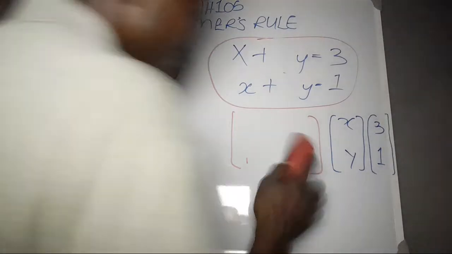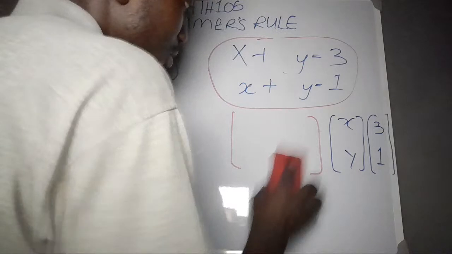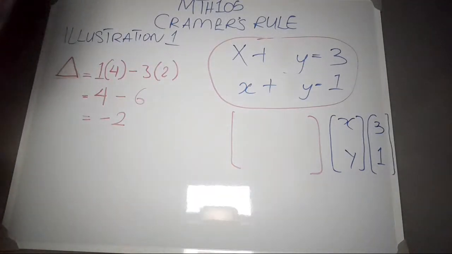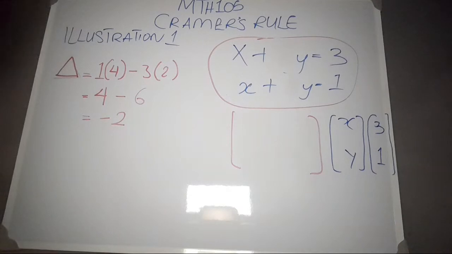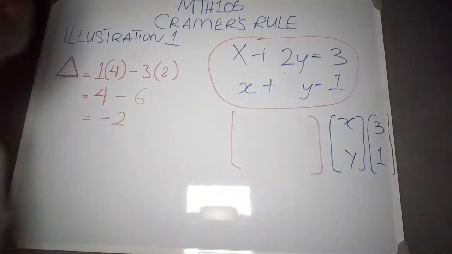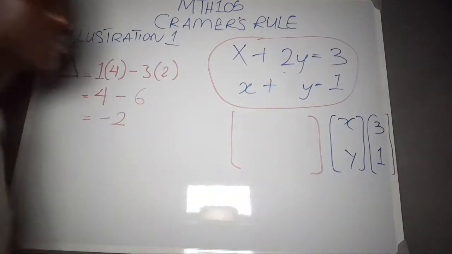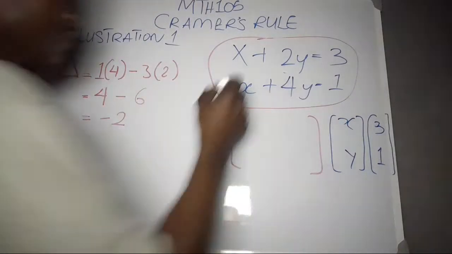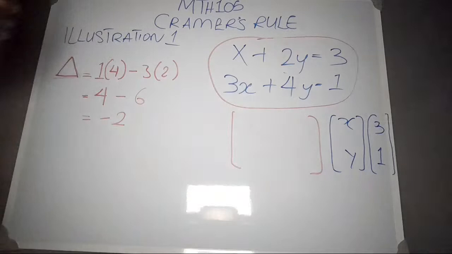So I can just put this back. This is x, y. Then this is 4y. So 3x.